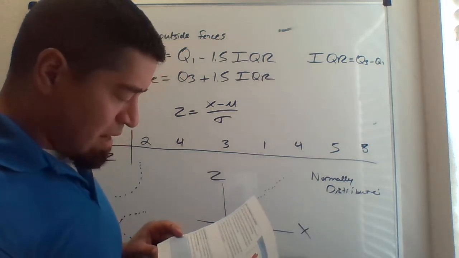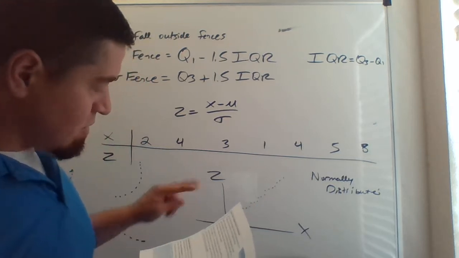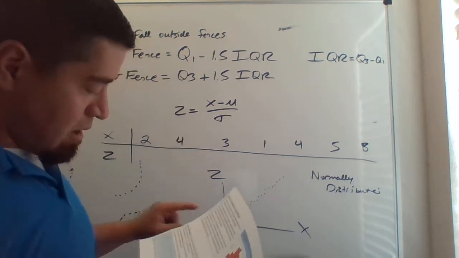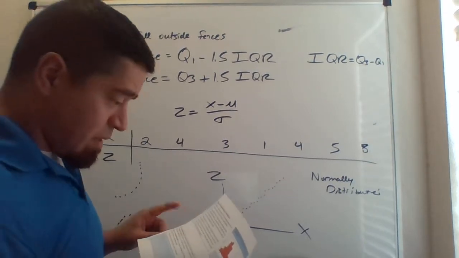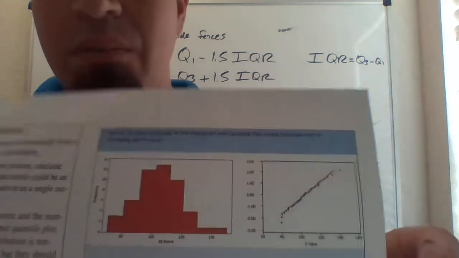Also, the distribution is not normal if the points do not lie reasonably close to the line, if the points are more scattered and not close to the line, and also show a systematic pattern. So here's an example.